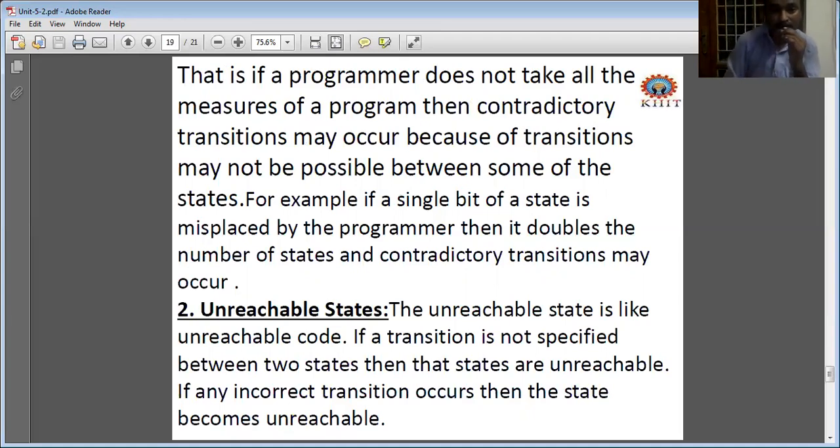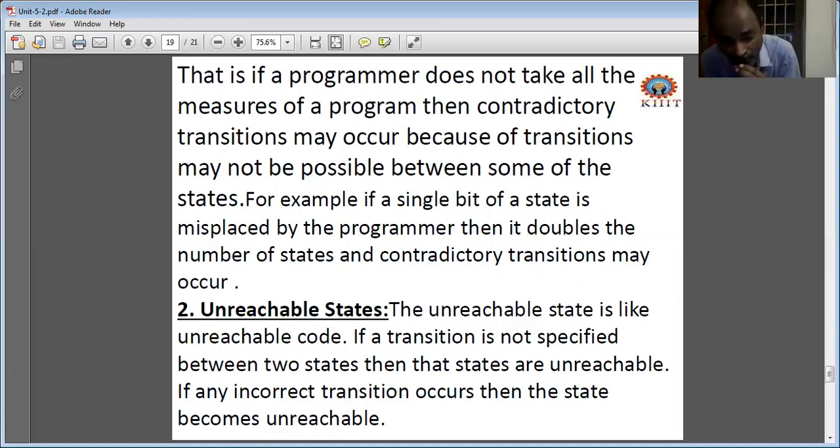For example, if a single bit of a state is misplaced by the programmer, then it doubles the number of states and contradictory transitions may occur.